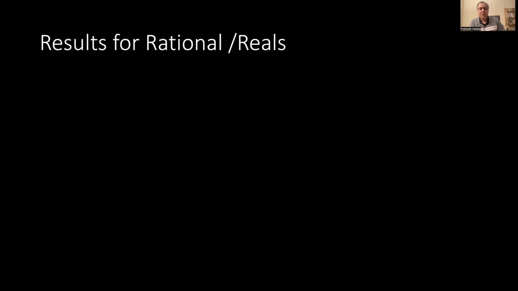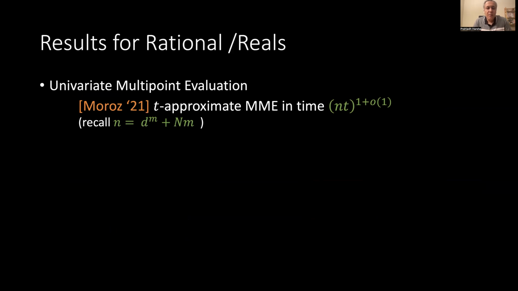Having stated these variants, what do we know about the running time of the best known MME for this problem? Surprisingly, the univariate case remained open for a very long time, and it was only as recently as 2021 that it was solved by Moroz, who gave a solution to the t-approximate univariate multipoint evaluation in time nearly linear in n times t. n is the number of input field elements, and t is the approximation parameter.